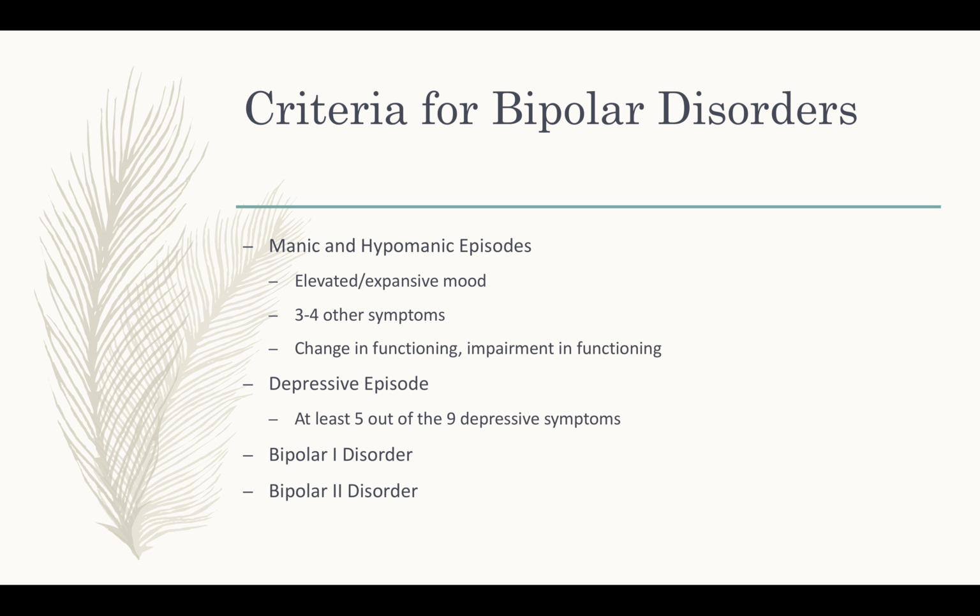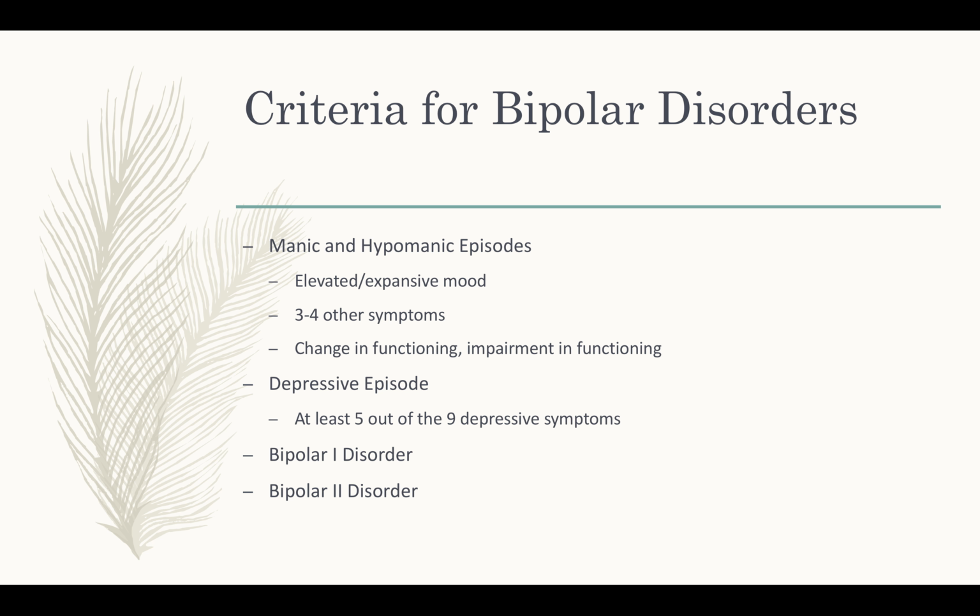And in addition to that, they're also dropping down to those lower levels of depression. Okay, now for bipolar 1, a key component here is that the individual does not have to have experienced a previous depressive episode. Okay, the key factor here is that mania episodes last for about a week.